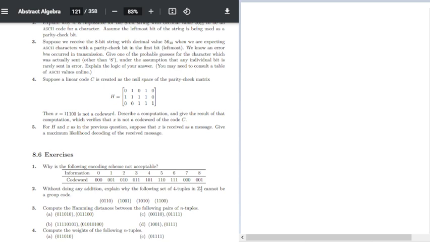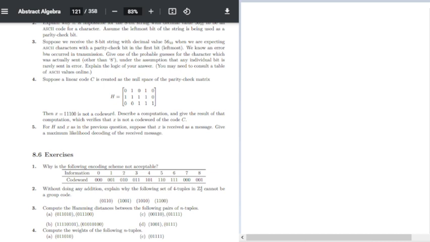Wait, I'm actually trying to think about this more critically. So first of all, if x equals 11100 is not a code word, right? Then either the first or the second digit needs to be flipped. Right? Either the first or the second digit needs to be flipped in order to fix that numerator issue. Or the second and the fourth digit.